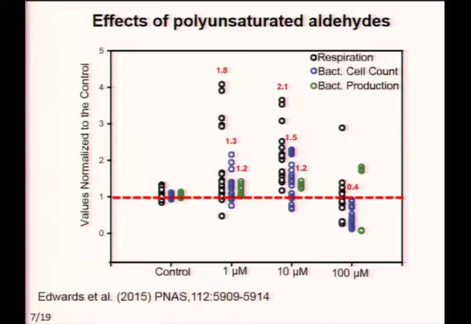And you're looking at how the respiration of these aggregates, the amount of bacteria on these aggregates, and the amount of bacterial production on these aggregates changes as you increase the lacing, the dose of these PUAs on these aggregates. So here's the control, one-to-one, and you can see that when you do these first two levels of dosing, then you get a significant increase in all of these: respiration, cell count, and bacterial production.